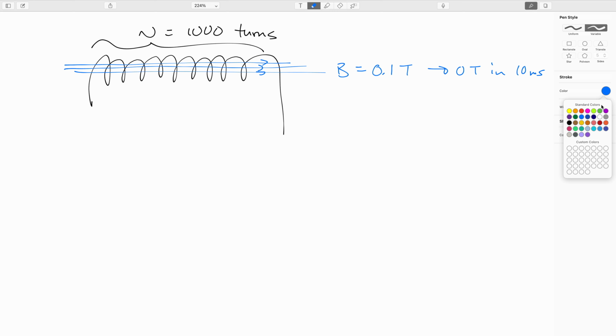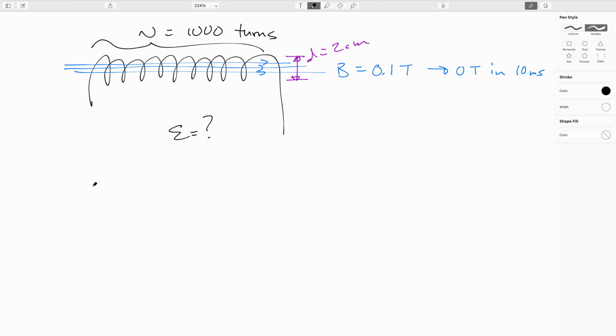Let's also say that the diameter of our coil here, D, is 2 centimeters. So during the time that the magnetic field is changing, we will induce an EMF in the coils. And so what we want to know is, how big is that EMF?